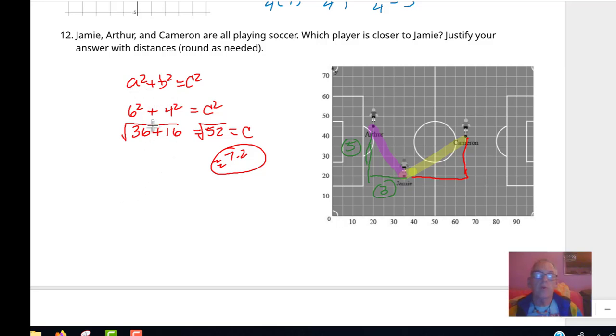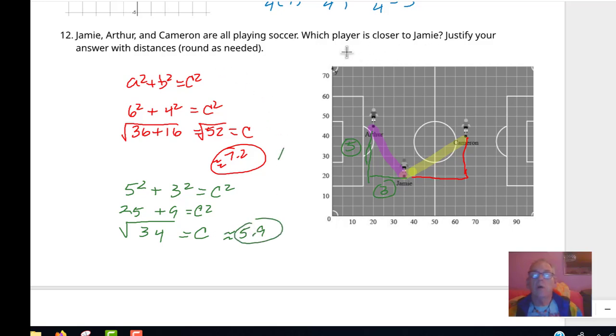So using the same formula, we've got 5 squared plus 3 squared equals c squared. 25 plus 9 equals c squared. C is going to be the square root of 34, which is a little bit less than 6, so call it 5.9.